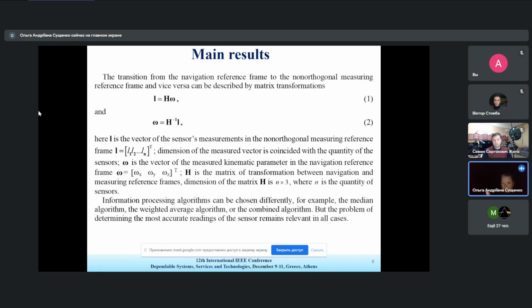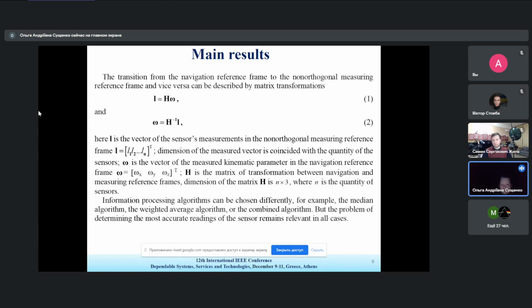It is necessary to mention that for an orthogonal reference frame, such a matrix has dimension 3 by 3 only, so we have a complication of transformations. Information processing algorithms can be chosen differently, for example, the median algorithm, the weighted average algorithm, or the combined algorithm.